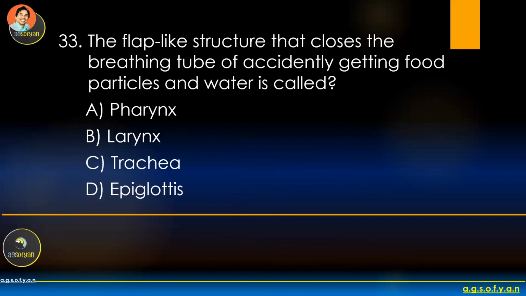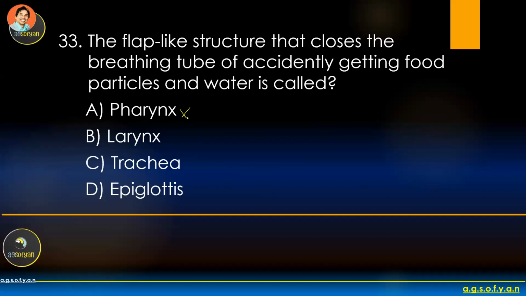The flap-like structure that closes the breathing tube from accidentally getting food particles and water is called A, B, C, or D. This is a flap-like structure like a door or window that will close the respiratory tract from getting the food.